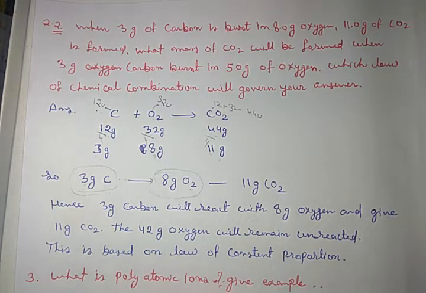You can consider it simply like this: suppose there are three persons and totally they can eat 8 chapatis. Now the question is, if there are 40 or 50 chapatis, then how much will they eat?